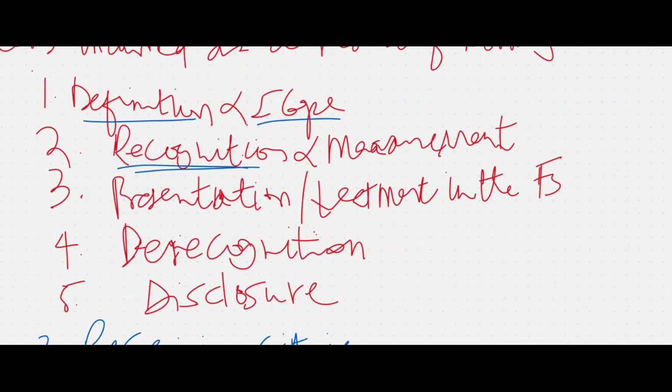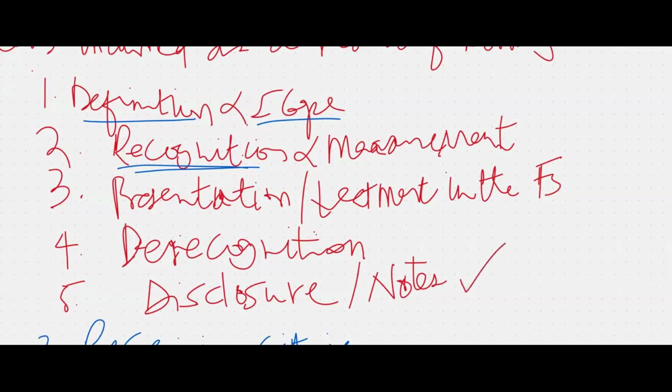Another name for disclosure is the notes to the financial statements. What are the components of the financial statements? You have the statement of financial position, statement of profit or loss and other comprehensive income, statement of cash flows, the statement of changes in equity, and you have the notes. The notes are also called disclosure.